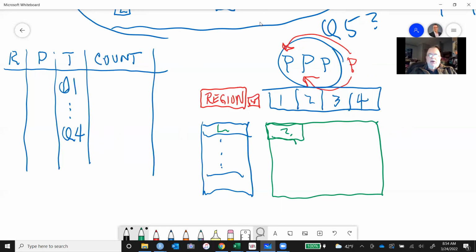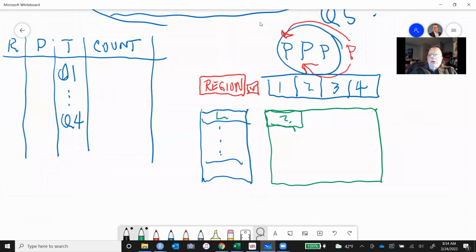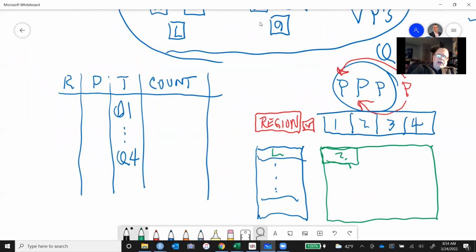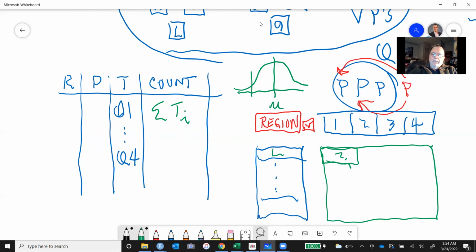Now, what else might we want to know? Well, first of all, it's very interesting to know that this data of count is really a summation of individual transactions. And sums of transactions, sums of anything, tend to follow a symmetric error distribution, where we have the mean and we have standard deviations.